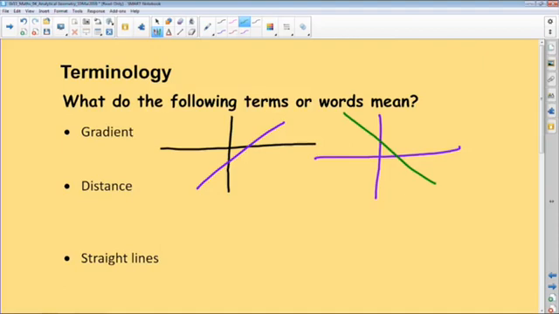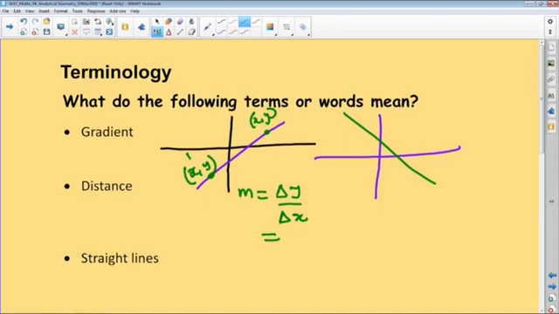So your gradient is represented by change in y over change in x. If we're looking at this line, it can have maybe 2 points there, and you can work out the gradient. Let's say this is x and that's y. These are two sets of coordinates.